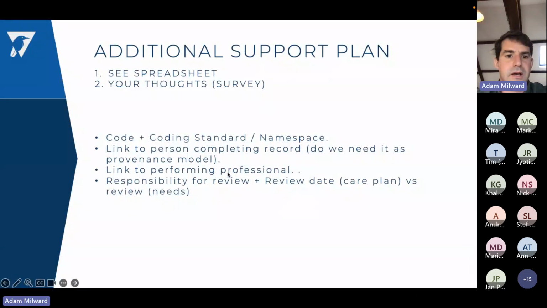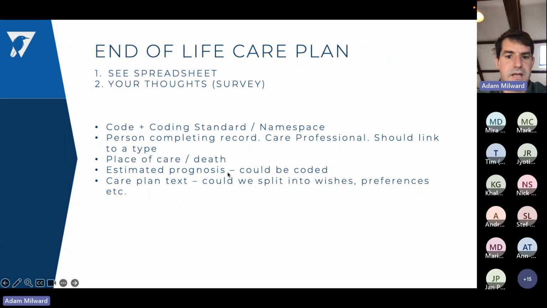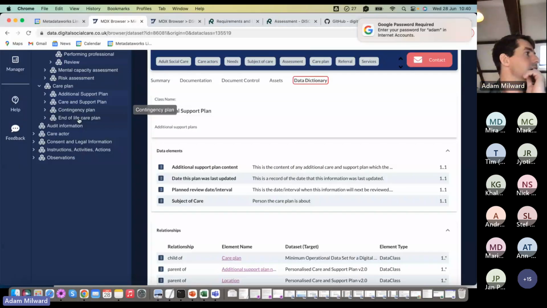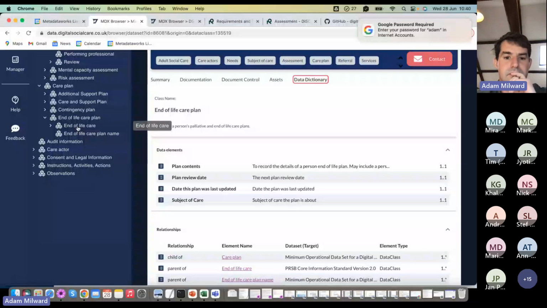So next we have the end of life care plan. We have the plan contents, plan review date, the plan was last updated, and a link to the subject of care.